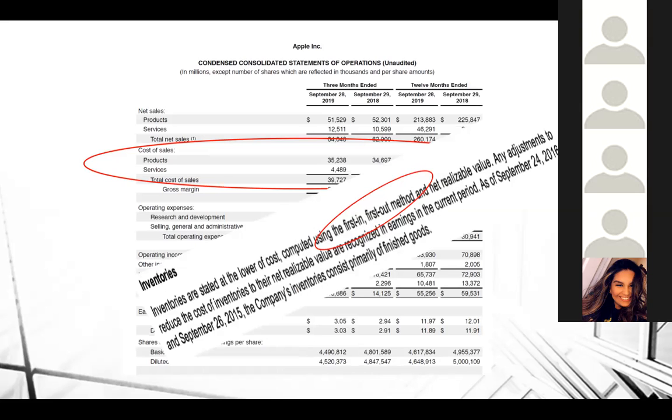LIFO is where the last items that were purchased are the first ones sold, last in, first out. With LIFO, I think the example I used there was the hardware store, and you're buying nails, right? And they just have this bucket or box of nails or screws.